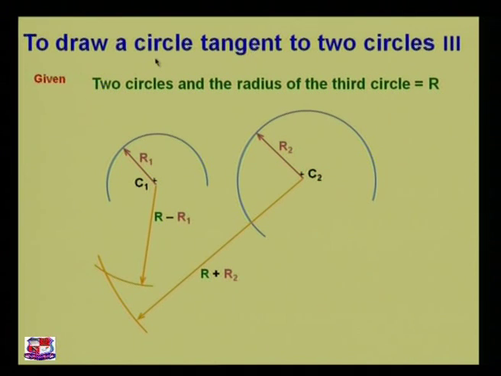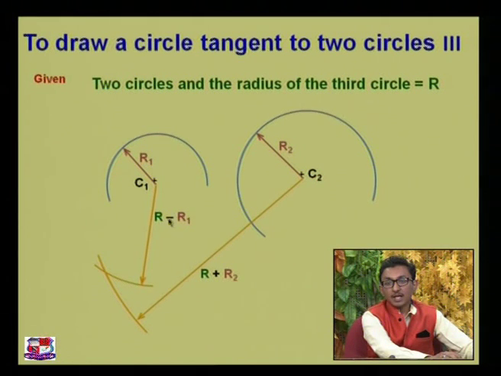Now, as you can see, the tangential portion would change with R minus R1 or R plus R2. If my R is 35 and R2 is 15, then this radius would be 50 mm. Now we have got the two intersection points for R minus R1 and R plus R2. Now what are we going to do? We have got our center point.